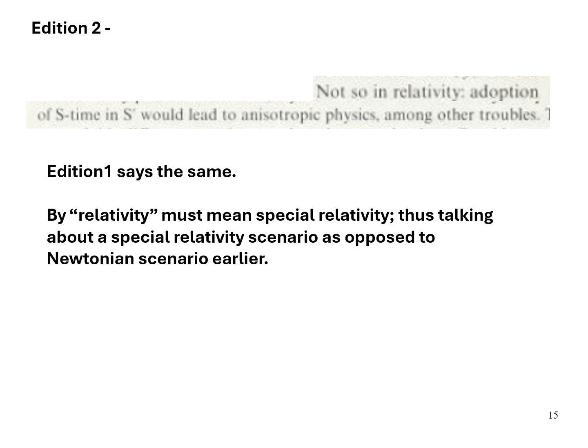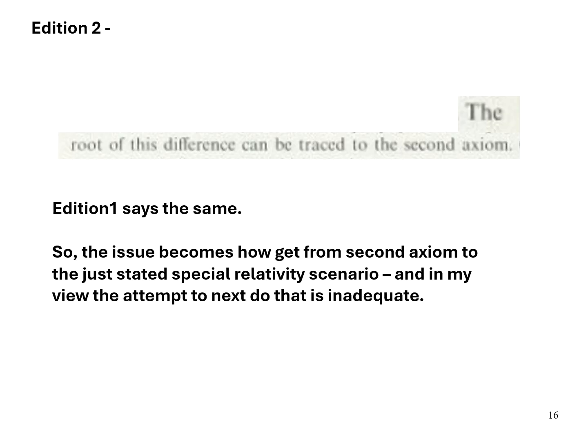It's just all ambiguous. Edition 2 carries on. The root of this difference can be traced to the second axiom. And edition 1 says the same. So the issue becomes how to get from the second axiom to the just stated special relativity situation. And in my view, the attempt to next do that is inadequate.